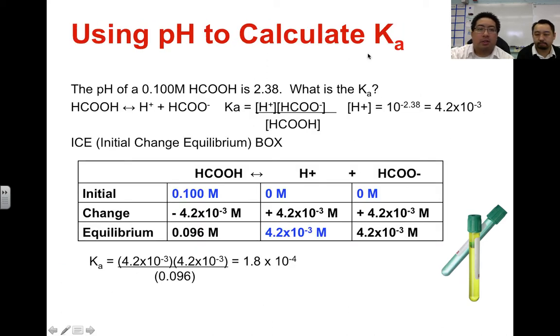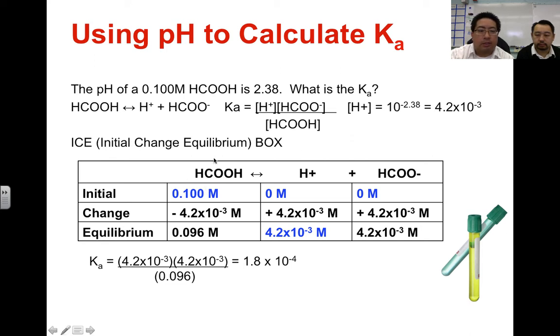We can also use pH to calculate Ka. Let's say we had this acid at this molarity, and here's the pH. What is the Ka? This would be our reaction. Okay. Then we can write our equilibrium expression, and we know that the H plus concentration is equal to the antilog of the negative pH. So we know our equilibrium hydrogen ion concentration.